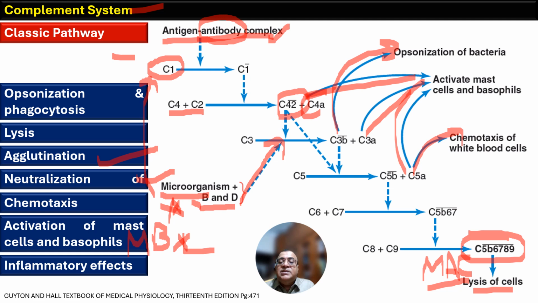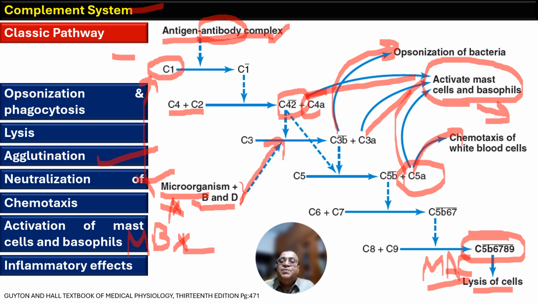C5a is a chemoattractant for leukocytes and other immune cells at the site of infection. C4a, C3a and C5a trigger histamine release from the mast cells and basophils, and this affects the permeability of the vessel wall.